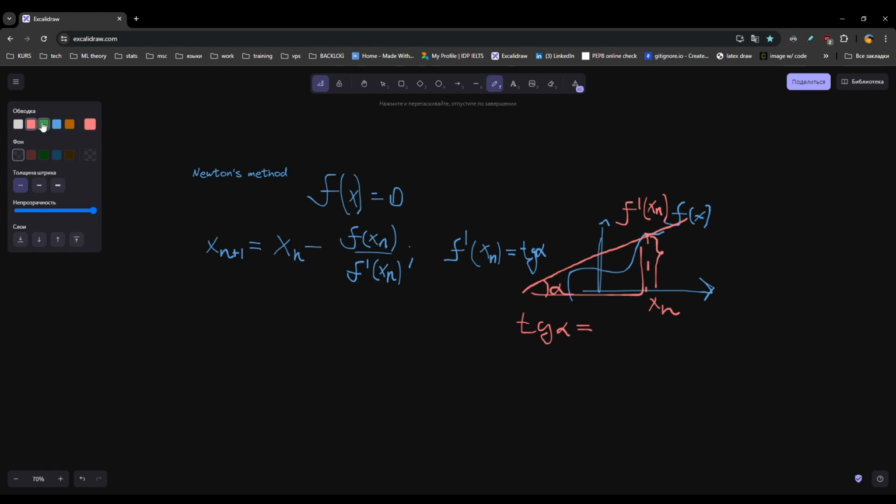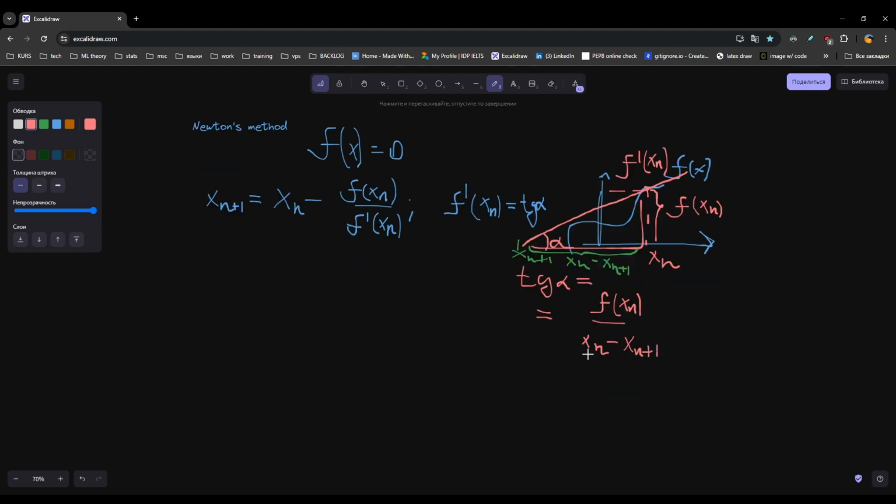And we should also denote that the intersection between the tangent line and the x-axis is x of n plus 1. So the length of this side would equal x of n minus x of n plus 1. And the tangent of alpha is the opposite side, which equals the value of this arbitrary function in the point of x of n divided by x of n minus x of n plus 1.